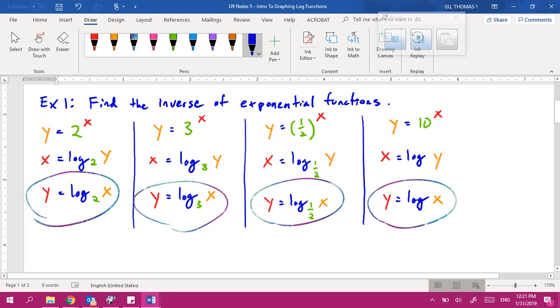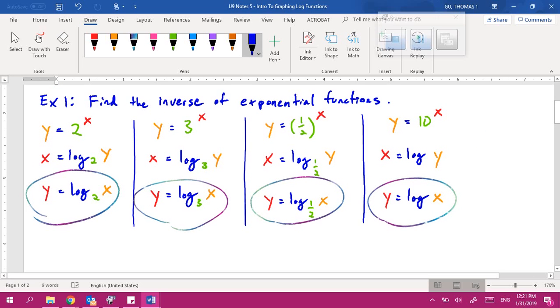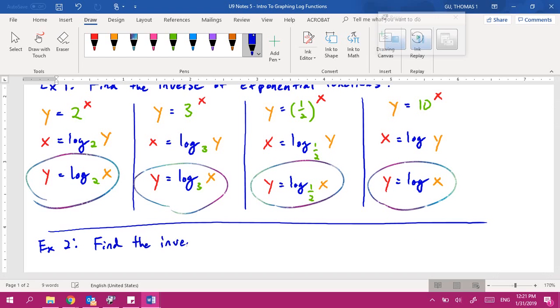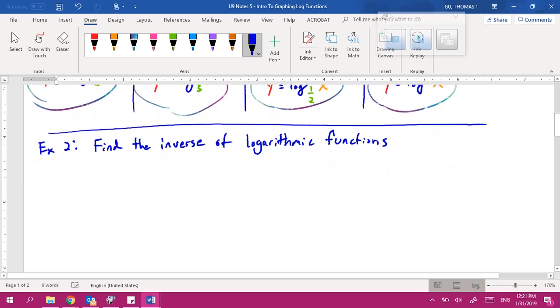So that's good. And if I asked you to find the inverse of exponential functions, then you also need to be able to find the inverse of what? Logarithmic functions, that's right. So we're going to find the inverse of logarithmic functions.